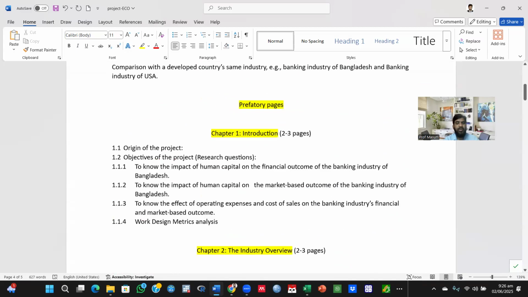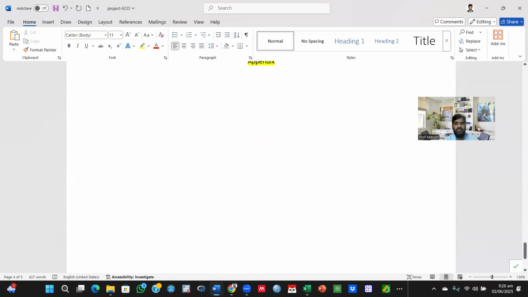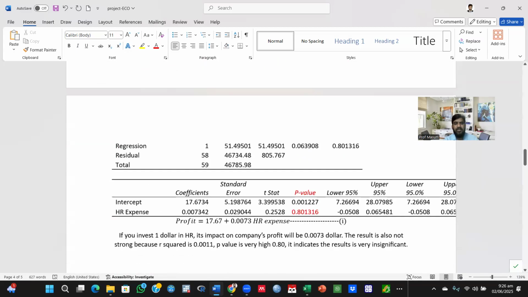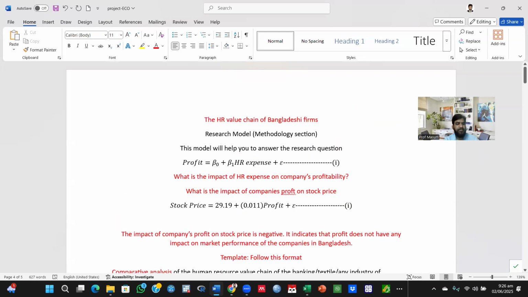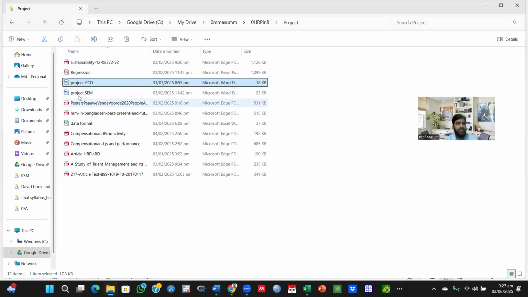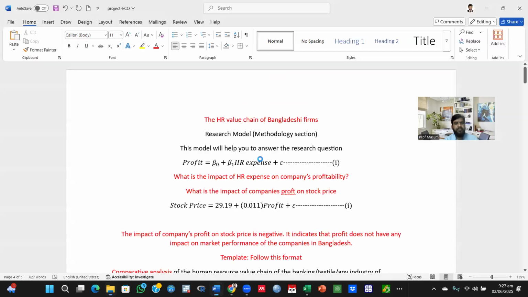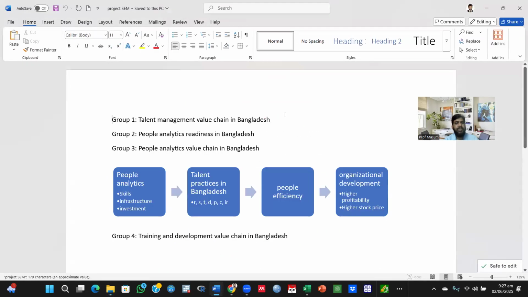Maybe in another file we have given a figure, isn't it? The relationship. Yes, you are going to explain this way.